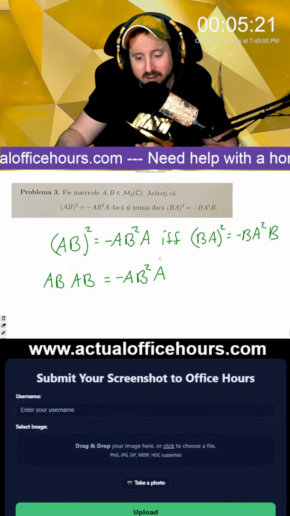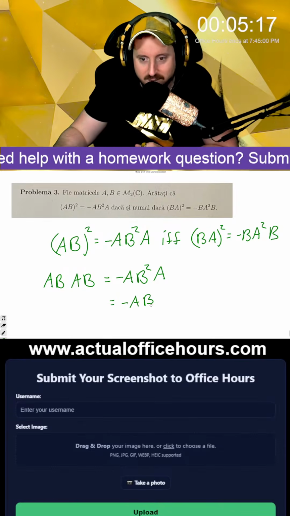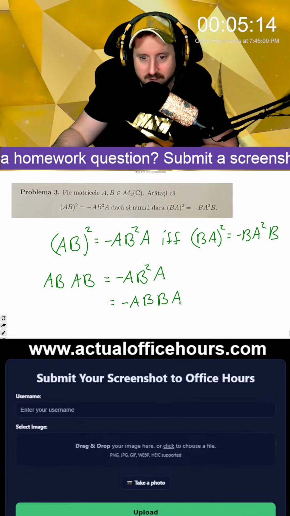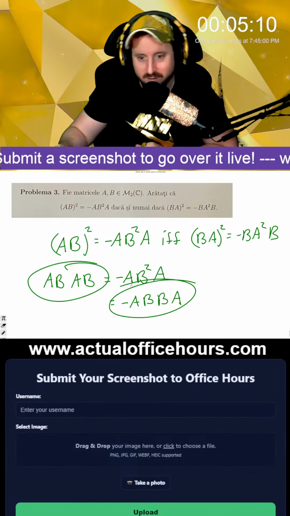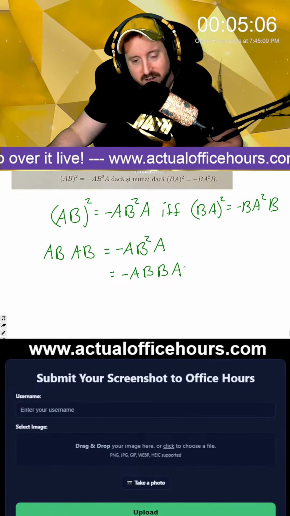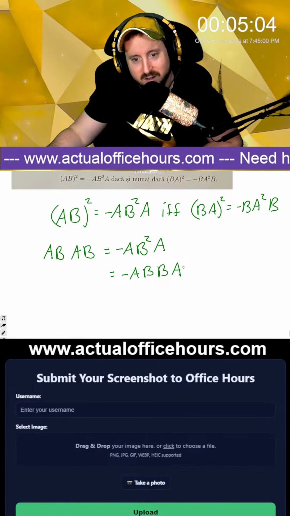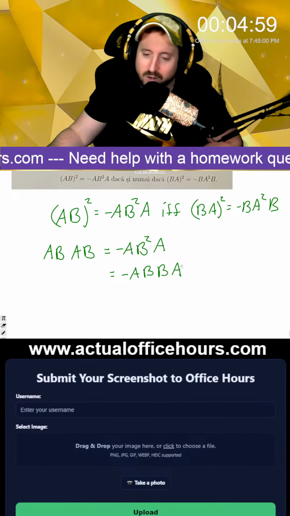Let me think. This is the same thing as negative A, B, B, A. So how can I make this look like this? ABBA all up in here. Oh, okay.